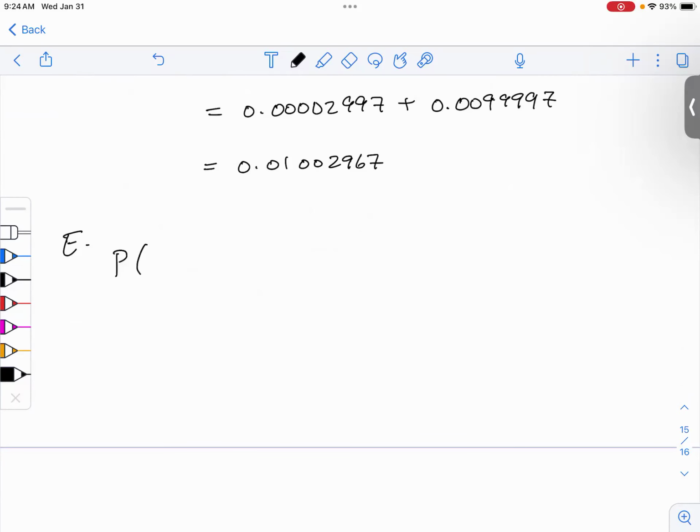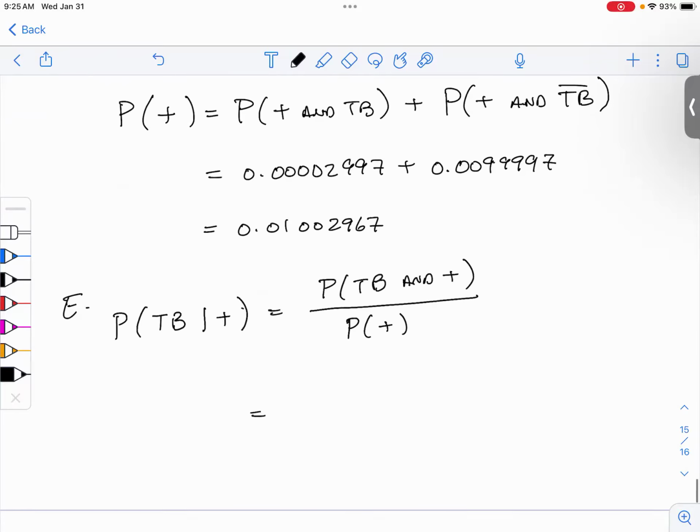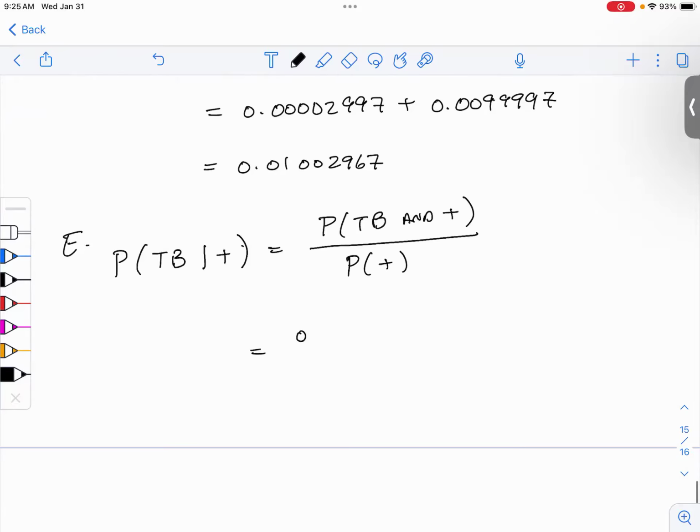So probability of TB given positive, using our definition of conditional probability, TB and positive divided by the probability of positive, and TB and positive, which we have above, and the probability of positive, which we just found as well.